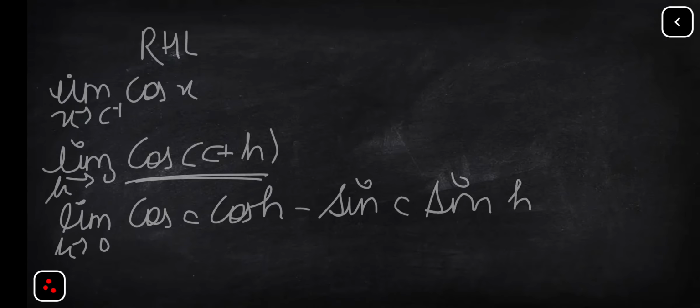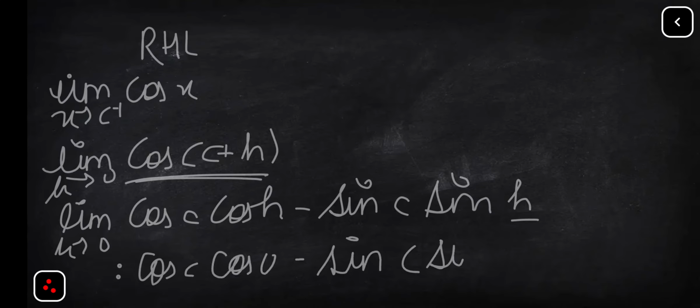Here we put the value of h, which is 0. So it is cos c cos 0 minus sin c into sin 0. We know that sin 0 is equal to 0 and cos 0 is equal to 1. So the answer is cos c.